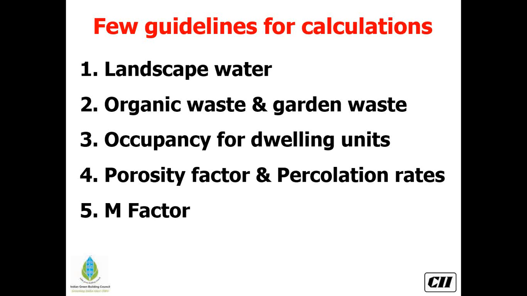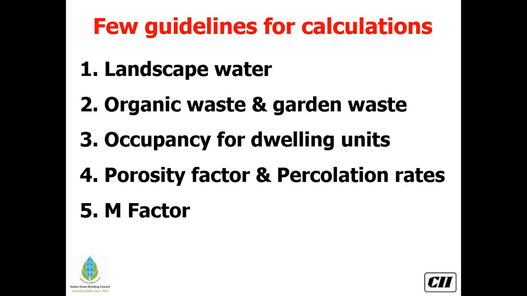Whereas for certification, projects need to arrive at the percolation rate from the soil test report, and the actual percolation is to be considered. So this is also one of the suggestions we would like to make, so that projects can give us correct rainwater harvesting calculations.